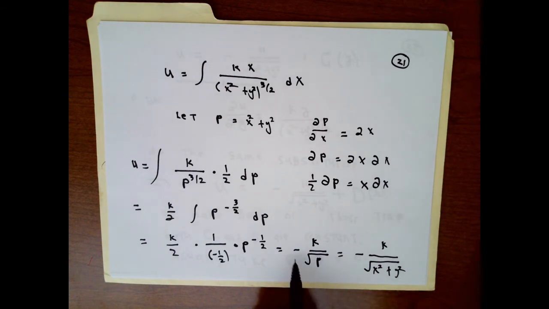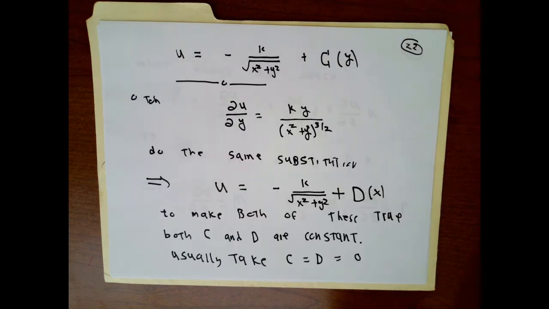It turns out to be negative constant over square root of p, that is negative constant over radical x squared plus y squared. This is the negative of a constant divided by the distance from the point that we're talking about to the origin.